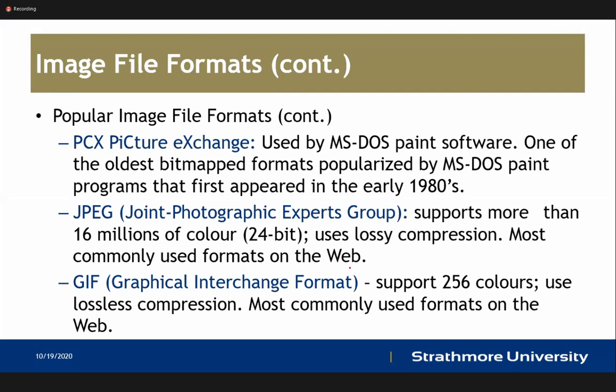By lossy information, we just understand that when you uncompress a file, there's loss of information, as opposed to lossless compression, which restores the object or image to its initial status. And that works with the GIF, which supports only 256 colors.